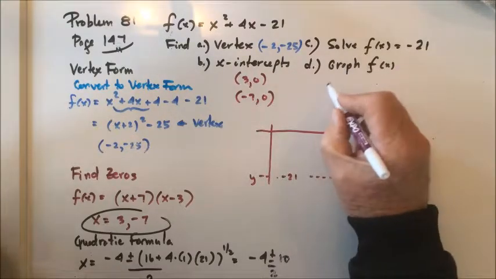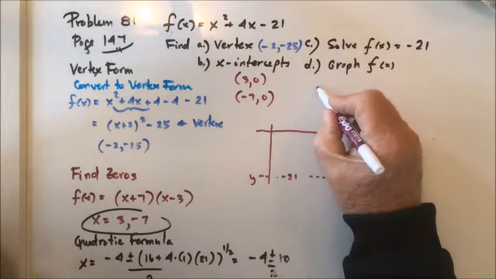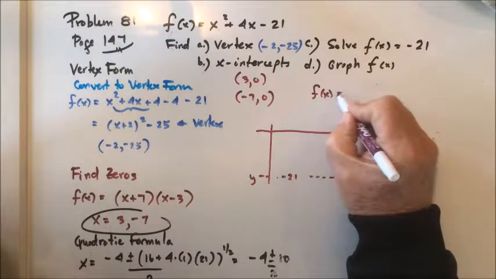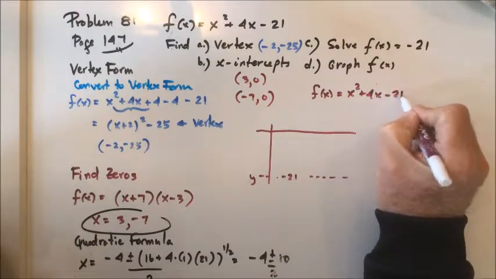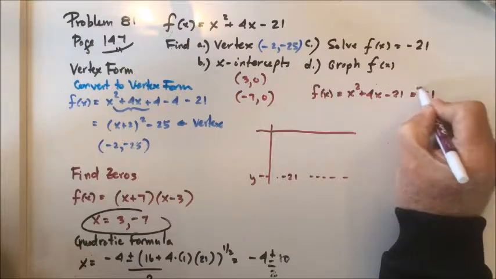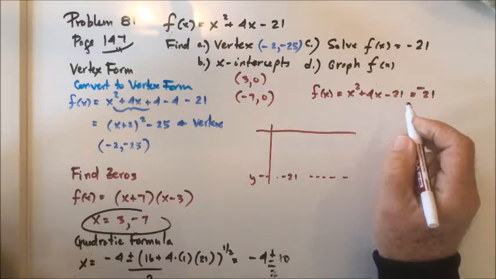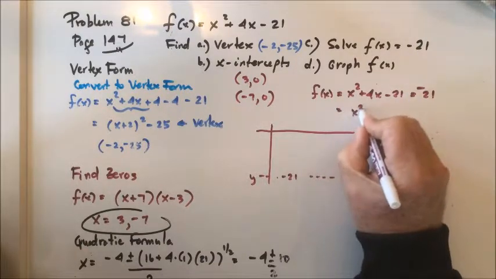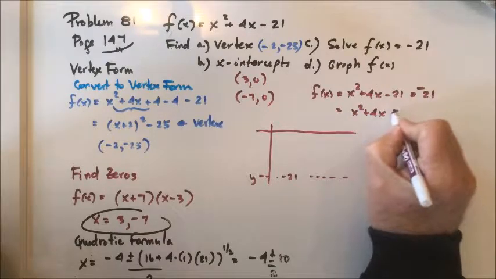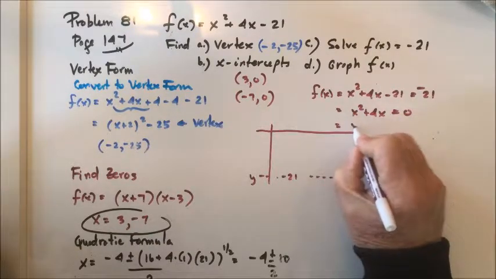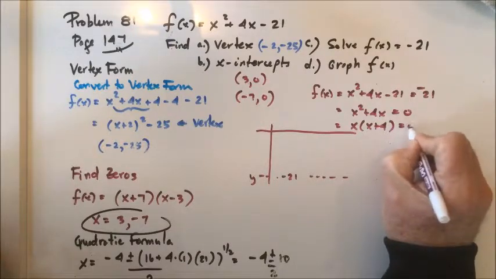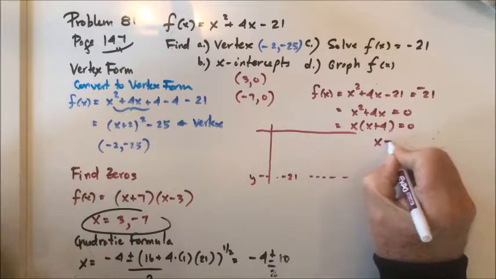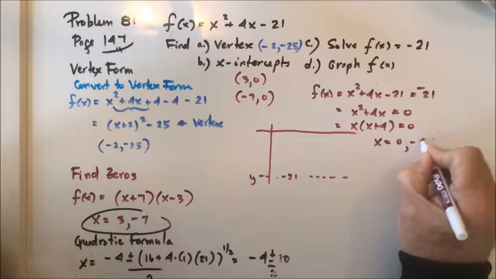And to do that, all we have to do is to say that f of x is equal to x squared plus 4x minus 21, and set it equal to minus 21. And when we do that, we're going to find that x squared plus 4x is equal to 0. We're going to factor out and get x times (x plus 4) equal to 0. And that says that x is either equal to 0 or x is equal to minus 4.